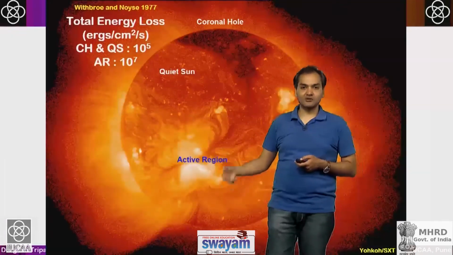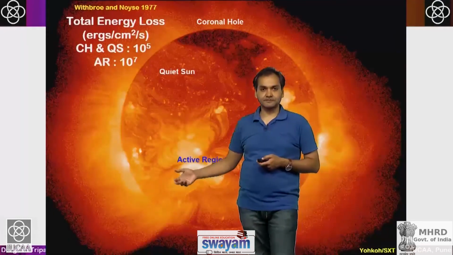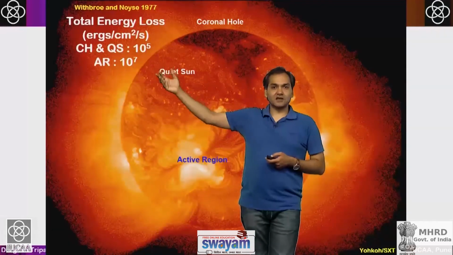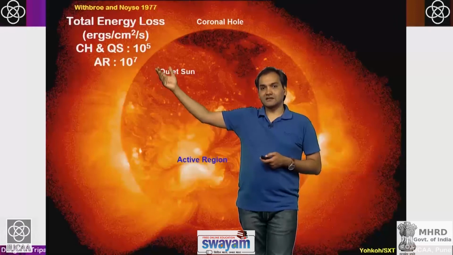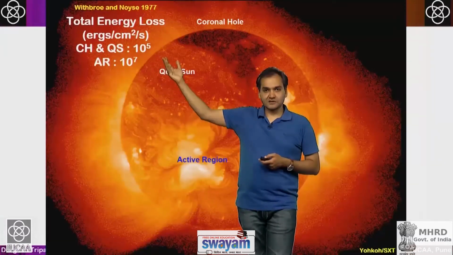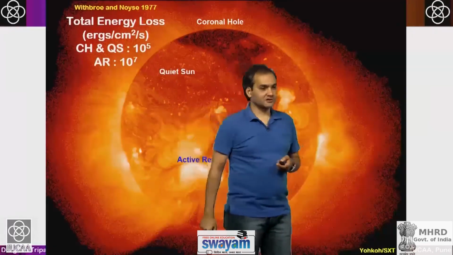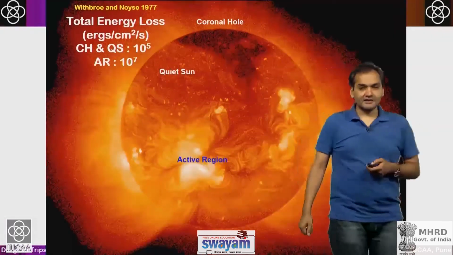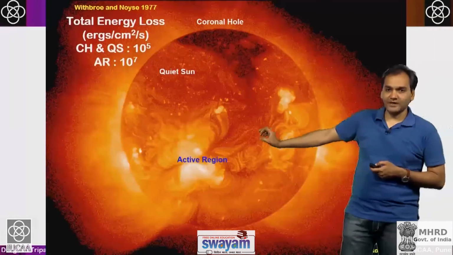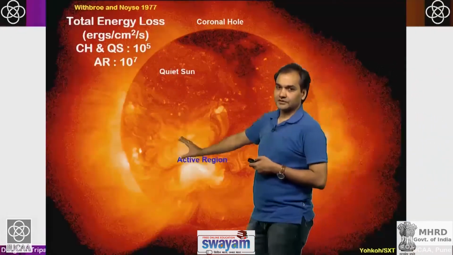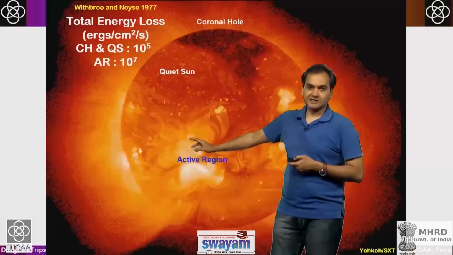So, let us first work out how much energy you require. The total energy loss for coronal hole and quiet sun is 10 to the power 5 ergs per centimeter square per second, and for an active region it is 10 to the power 7 ergs per centimeter square per second. That is the amount of energy we need to pump in for these regions to sustain their radiation.